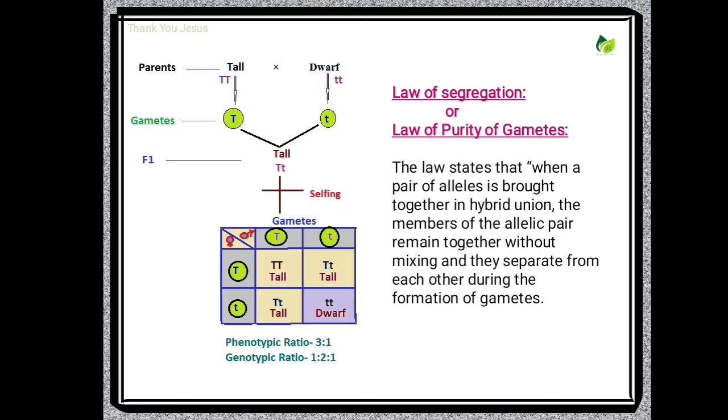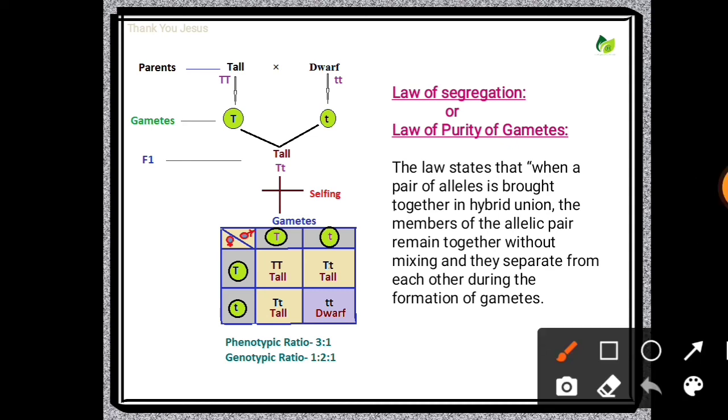Next. Second law is law of segregation. The law states that when a pair of alleles is brought together in a hybrid union, you can see in the picture, the hybrid has two alleles, capital T and small t. The members of the allelic pair remain together without mixing and they separate from each other during the formation of gametes.